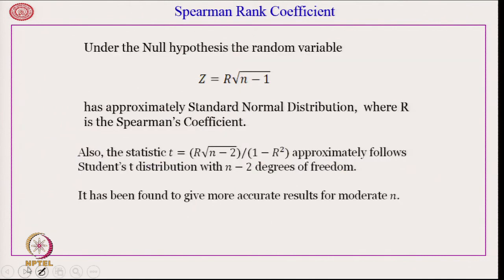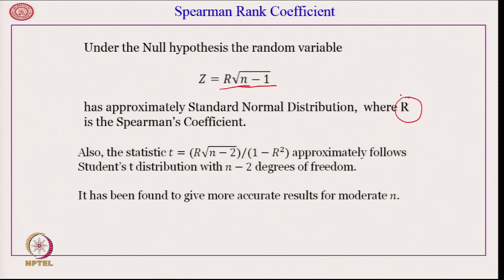With respect to the Spearman rank coefficient, under the null hypothesis, the random variable z equal to r times root over n minus 1 has approximately a standard normal distribution, where r is the obtained value of the Spearman rank coefficient.